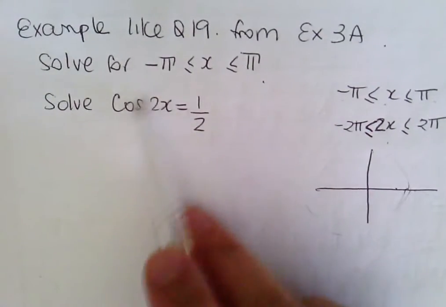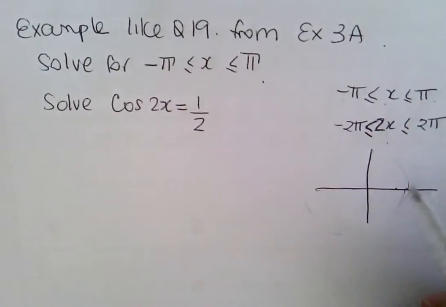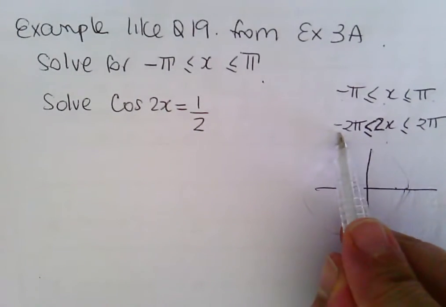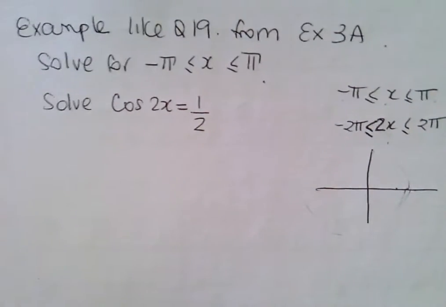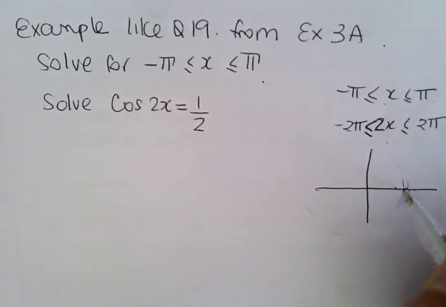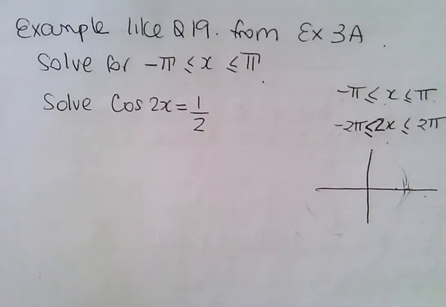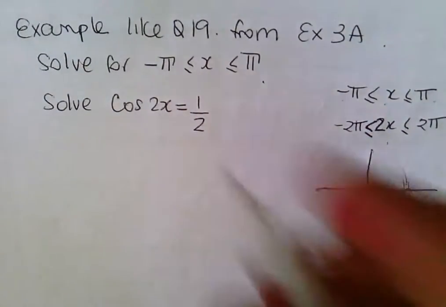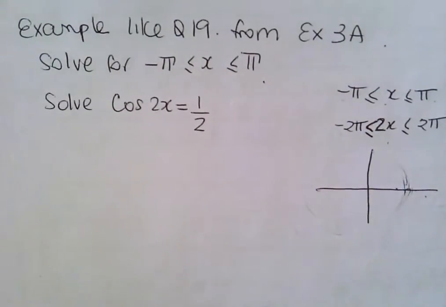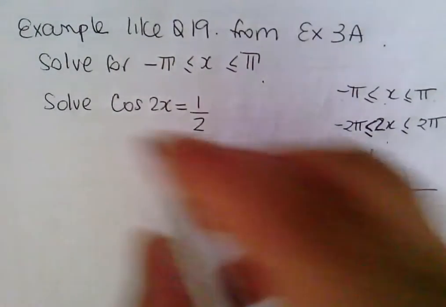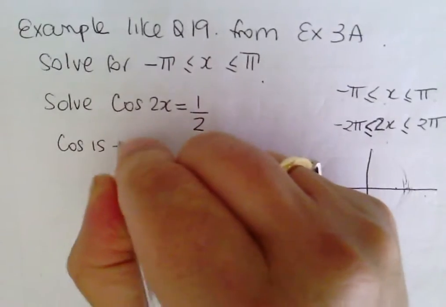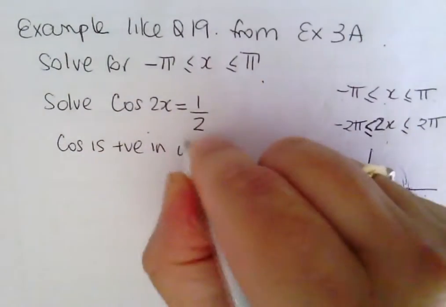From negative 2 pi to 2 pi, there's 0 in between. So you go 0, you do all 4 quadrants one way, and then the second round is negative angles. I want all the positive and all the negative angles. Okay, so, all right, cos is positive in quadrants, what?